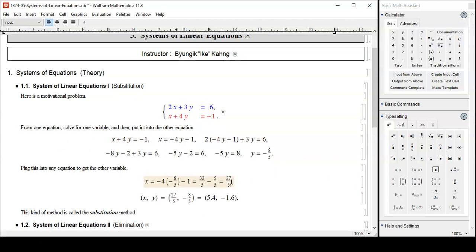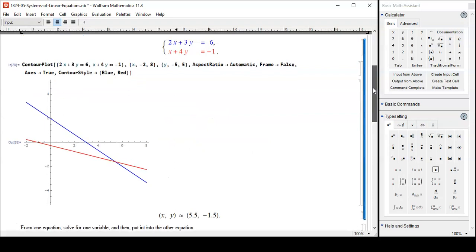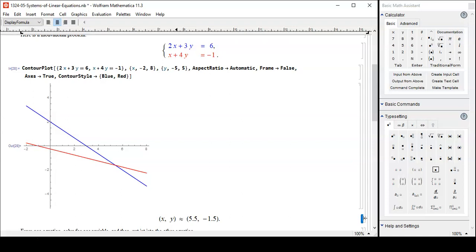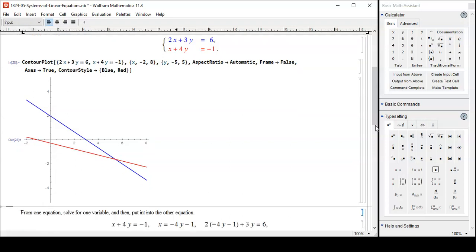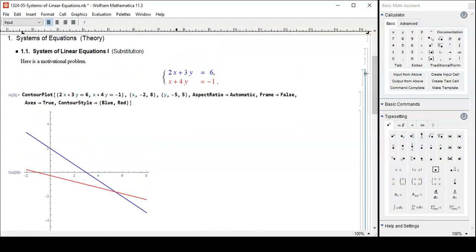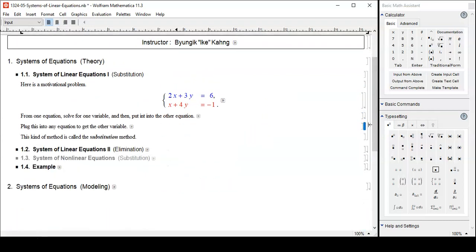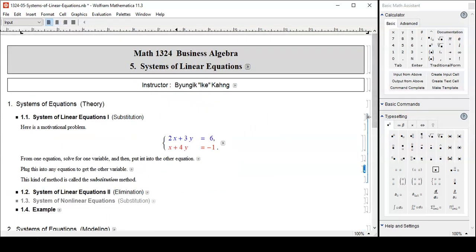And then simplify, we got this. 27/5, comma, -8/5. In decimal, 5.4, comma, -1.6. Well, my initial guess was 5.5, comma, -1.5 just by looking at it. I guess I made a pretty good guess to begin with. Okay, there goes the solution by substitution.